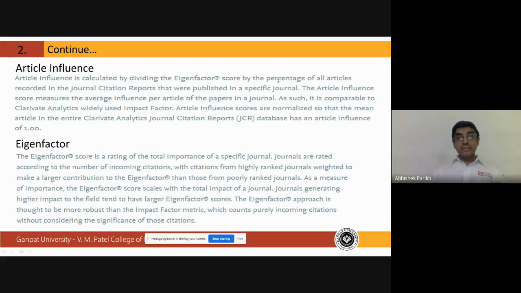That number is used as a divisor, and the Eigenfactor score is calculated based on the weighted average citation of your article. So my article is published in the Indian Journal of Finance. Now, that particular article can be cited in the Journal of Asset Management, it can be cited in the Journal of Portfolio Management, and it may be cited in the Indian Journal of Finance itself.